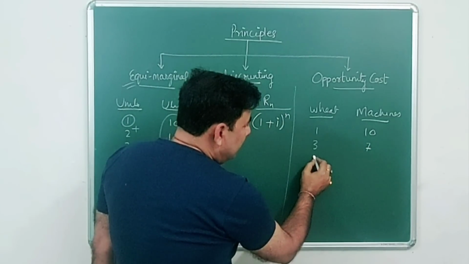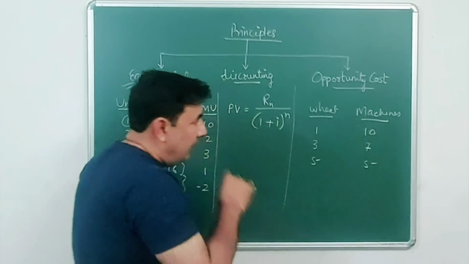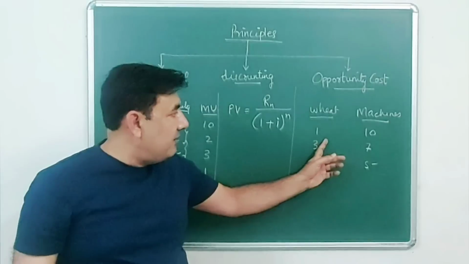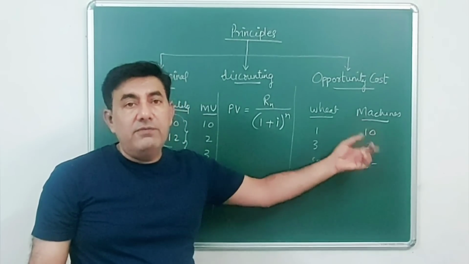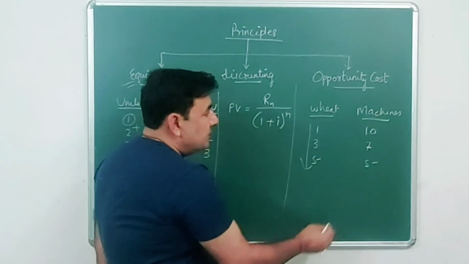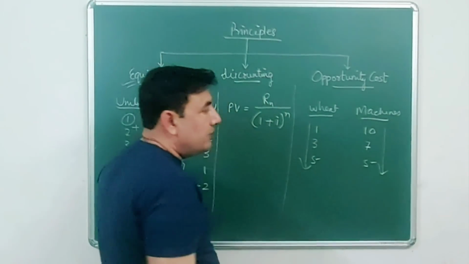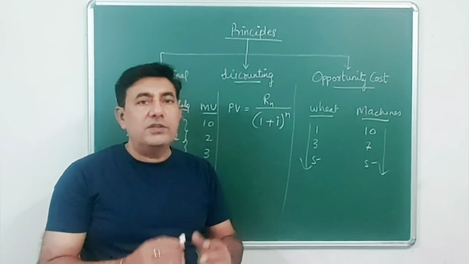We can manufacture 5 units and take this as 5. So whenever we sacrifice one commodity, we can only sacrifice it for the other, right? If you want to increase wheat production, we have to sacrifice the production of machines. So this is called the opportunity cost principle.